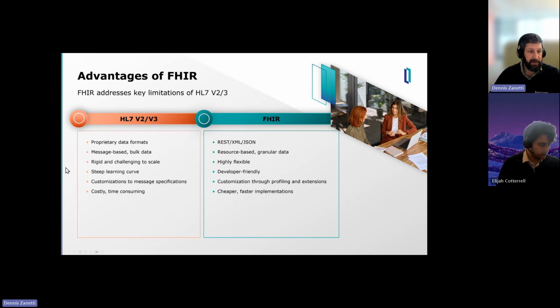HL7 is, as I said, message-based, with bulk data transmissions. FHIR is using granular resources that can be shared for different use cases, which makes it highly flexible, scalable, and, as I mentioned, developer-friendly. Customizations were improved, and through all of this, we're starting to see cheaper and faster implementations of FHIR in different ways in different spaces across healthcare.